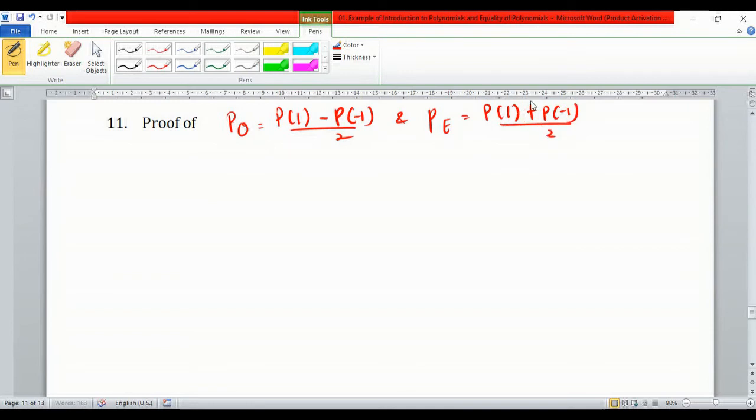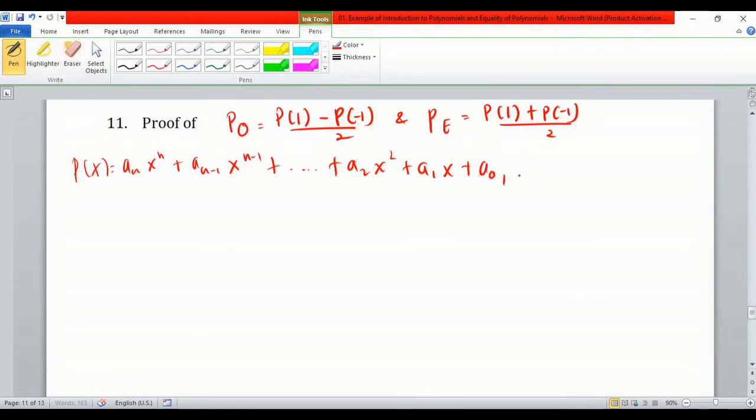Remember everyone, P(x) is equal to a_n x power n plus a_(n minus 1) x power (n minus 1) plus dot dot dot plus a2 x squared plus a1 x plus a0. Because we want to prove the even case first, where n is even, we just need to substitute P(1).